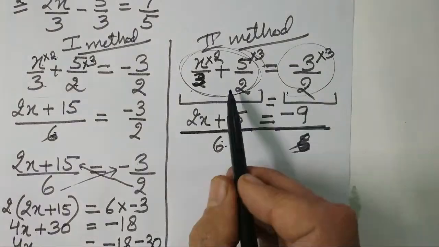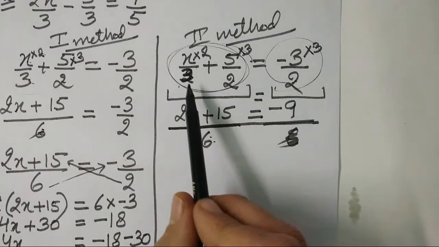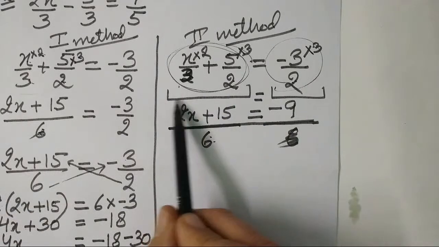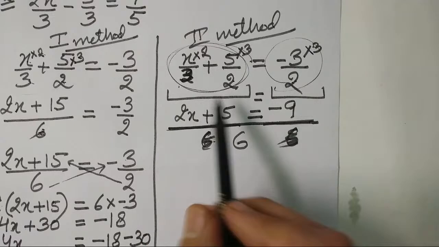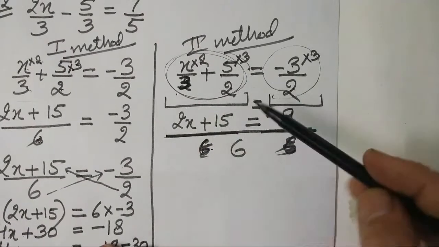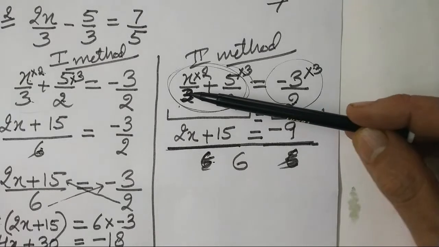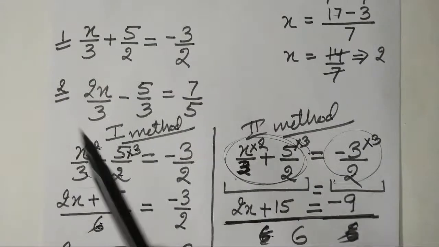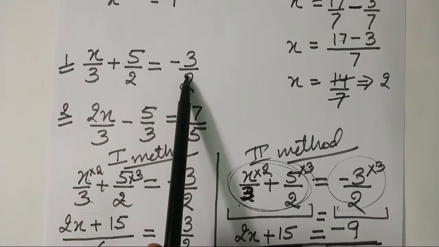So the steps are that you are taking the LCM of the left hand side and right hand side as one LCM. I have taken LCM 6 for both sides. The question has denominators 3, 2 and 2, whose LCM is 6.